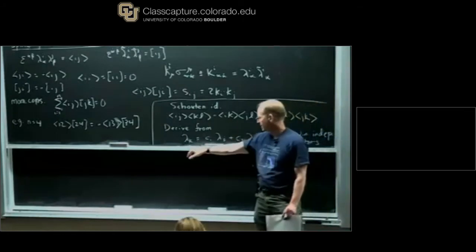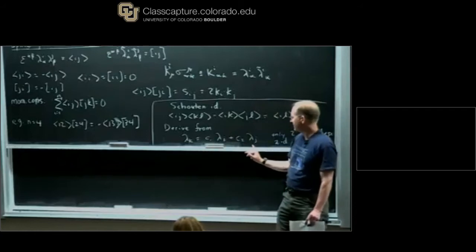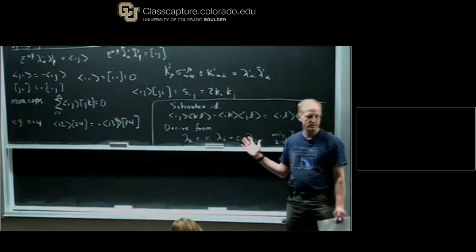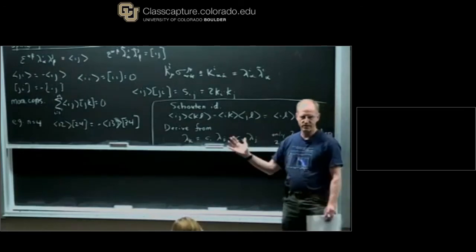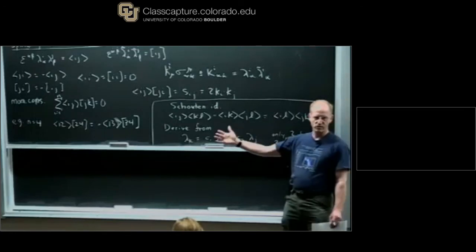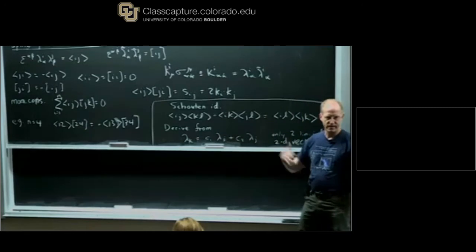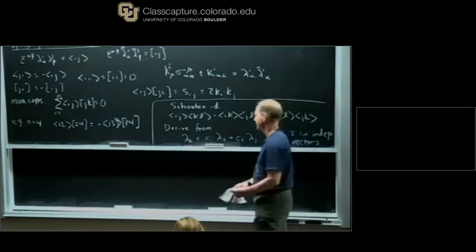You can derive this by starting with the property that if I take 2 spinners, lambda i and lambda j, think of them as two-dimensional vectors. If you just have a bunch of 2-dimensional vectors, you know that once you have more than 2 of them, they have to be linearly dependent, because the biggest basis you can have in the 2-dimensional space is 2. So you can expand this spinner.